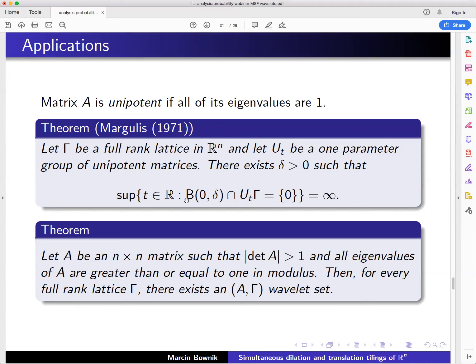In fact, there are even better generalizations of this result, where the density of that set T where this misses is actually positive. So for a substantial number of t, you will miss it.